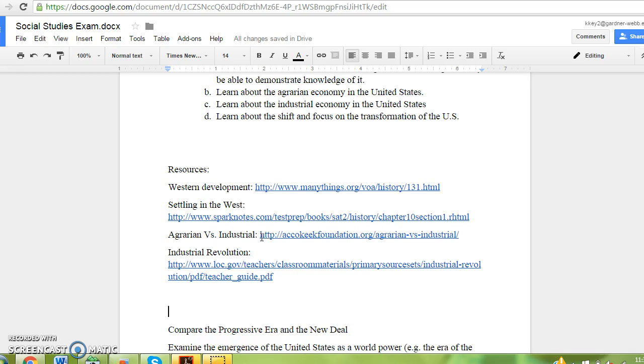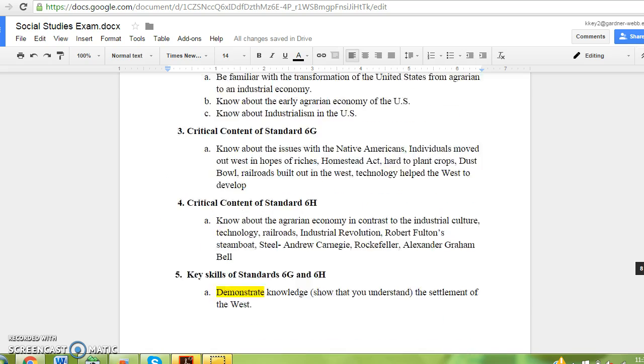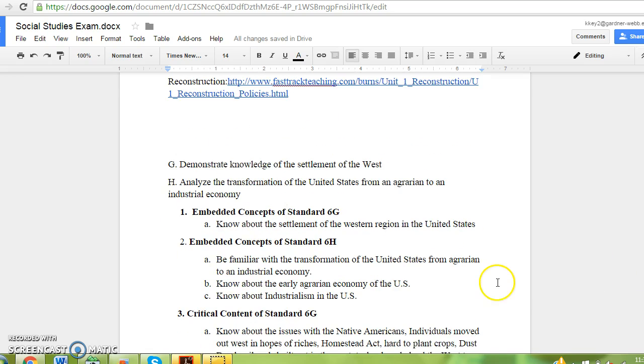This just breaks down what the differences are, and in contrast, how it was in the U.S. The last one is the Industrial Revolution. So these are my sources, and that's Standard 6G and 6H.